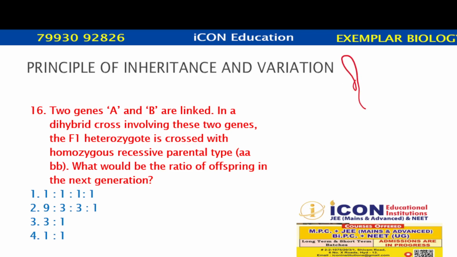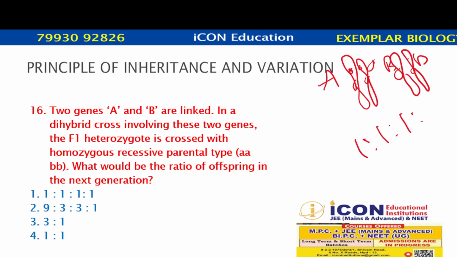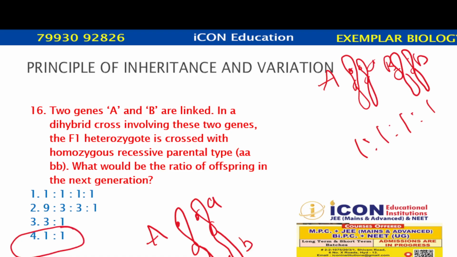If it is like Mendel, who selected two characters, capital A, small a, capital B, small b, that might be on different chromosomes, you may get a ratio of 1:1:1:1. But in the problem they said both are present on the same chromosome. So, definitely we can expect a ratio like 1:1.